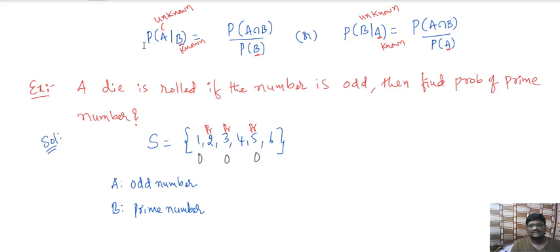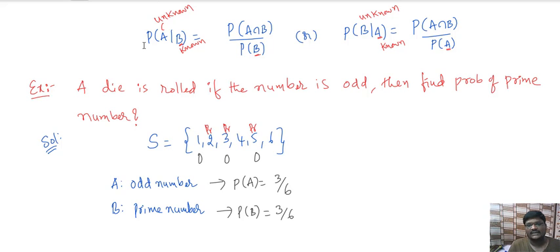So can you tell me what is the probability of A? Probability is the ratio of your favorable cases to the total number of cases. So here for odd number total 3 possible cases are there and total cases will be 6. Similarly, probability of B, here also you are having 3 prime numbers.